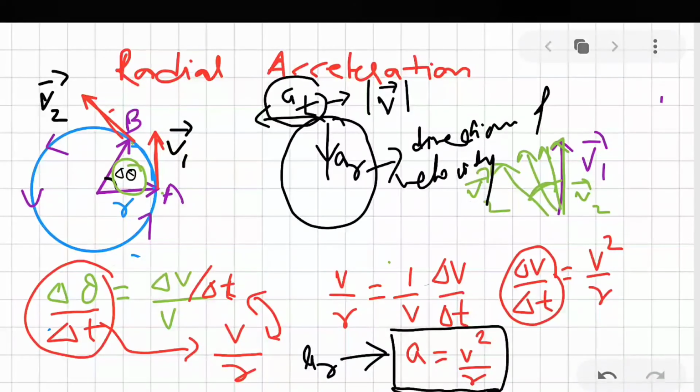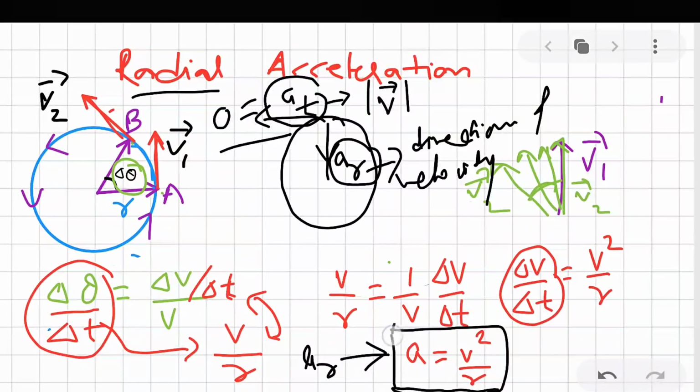Now in this case, for deriving the expression for radial acceleration, we have taken uniform circular motion. That means the magnitude of velocity is not changing, so tangential acceleration is 0. So the only acceleration in uniform circular motion is the radial acceleration.